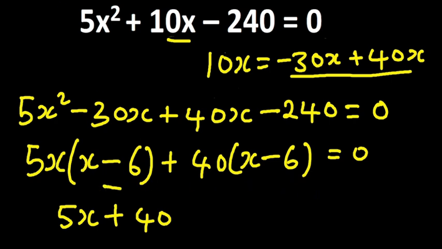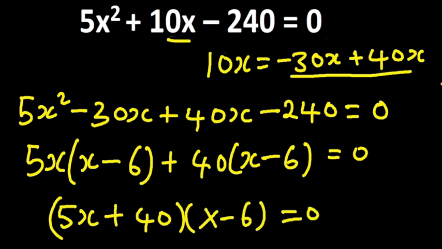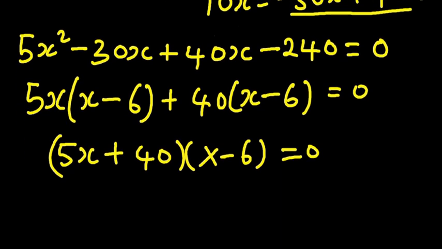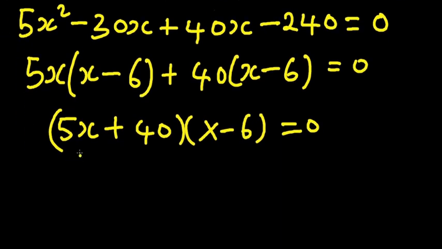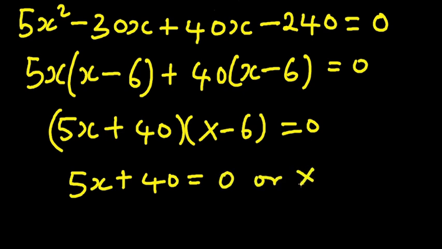So to factorize it, we're going to use one bracket, equals 0. So now we're going to equate each to 0 in order to get the value of x.